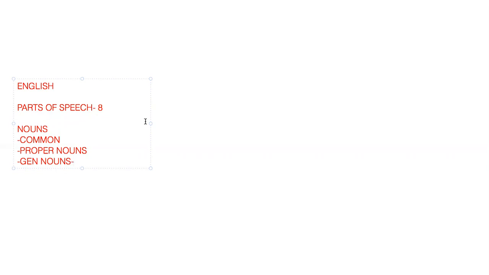Common nouns are the class or group of people, places, things, like bank, school, library, home, truck. Those are different common nouns. Proper nouns are specific names of a person, place, or thing.